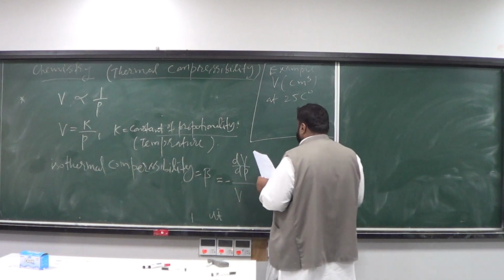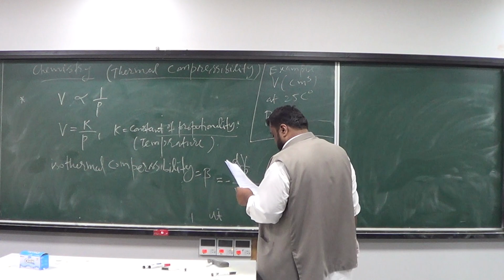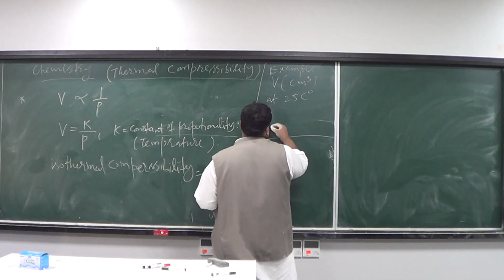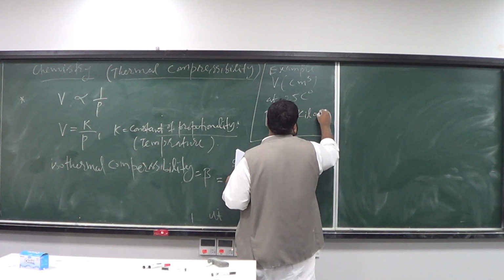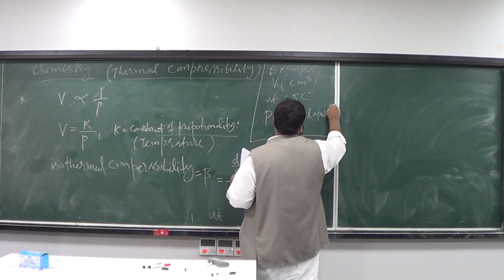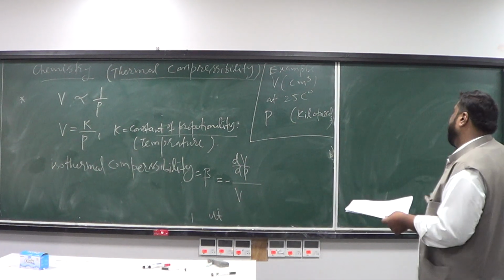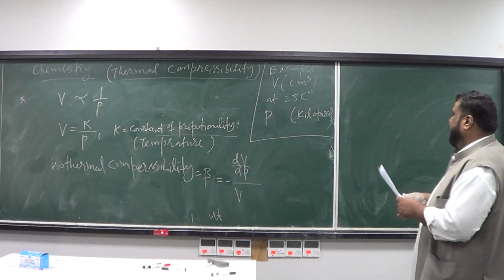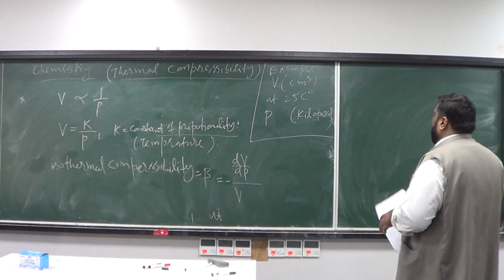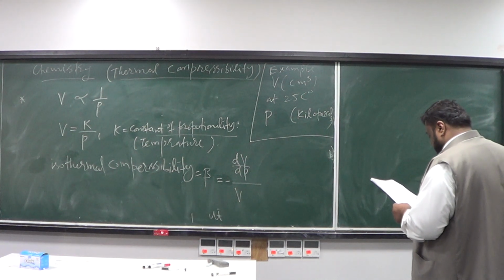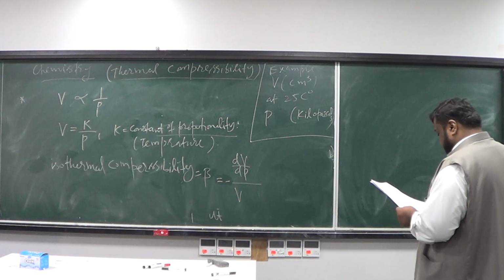And say P is the pressure, and you measure the pressure in kilopascals for example. So V is the volume of air at temperature 25, and P is the pressure of the air in kilopascals.